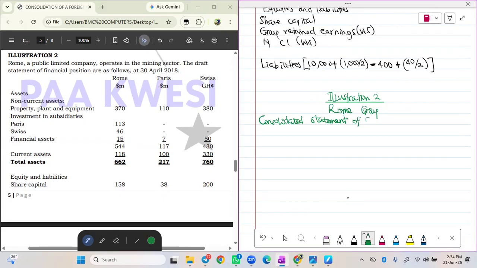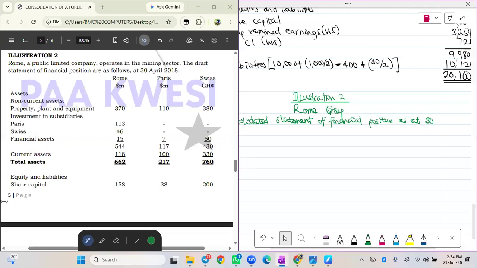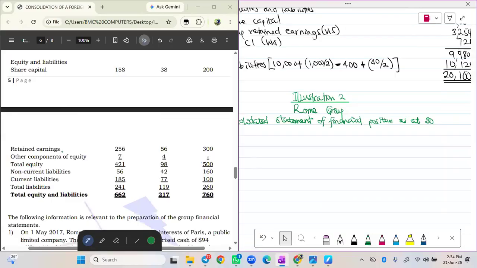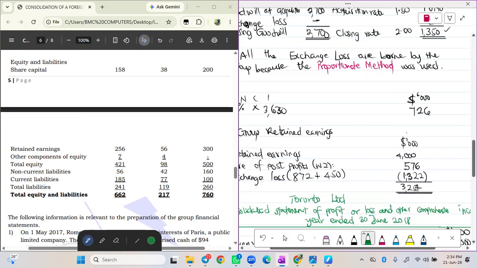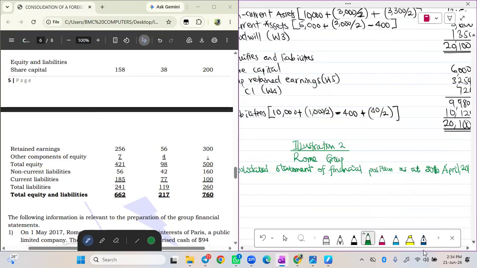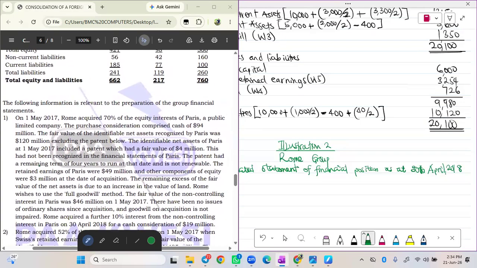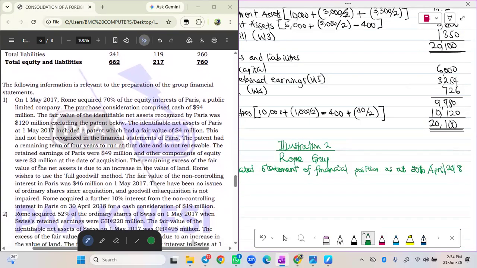Under assets, we have non-current assets: property, plant, and equipment, investment in subsidiaries, Paris, Swiss, financial assets, current assets, then our total assets. Equity and liabilities: share capital, retained earnings, other components of equity, total equity, non-current liabilities, current liabilities, total liabilities, and we have our total equity and liabilities.